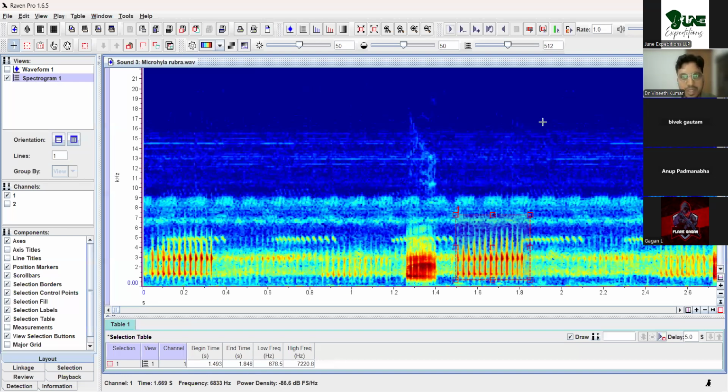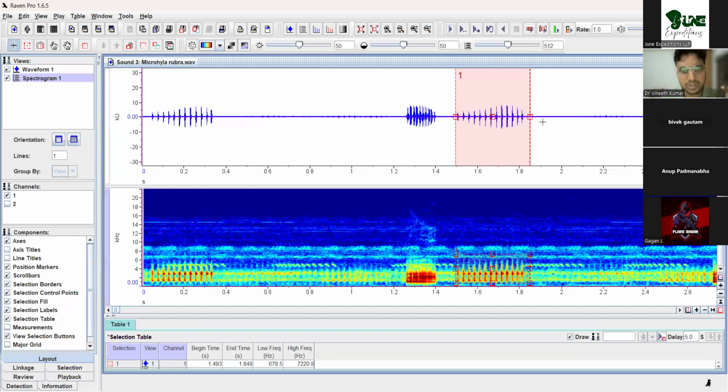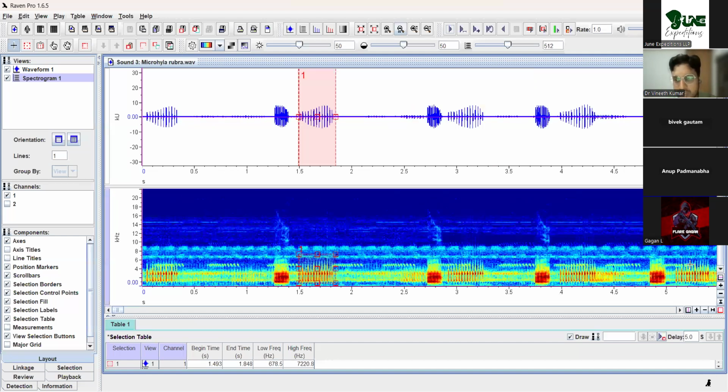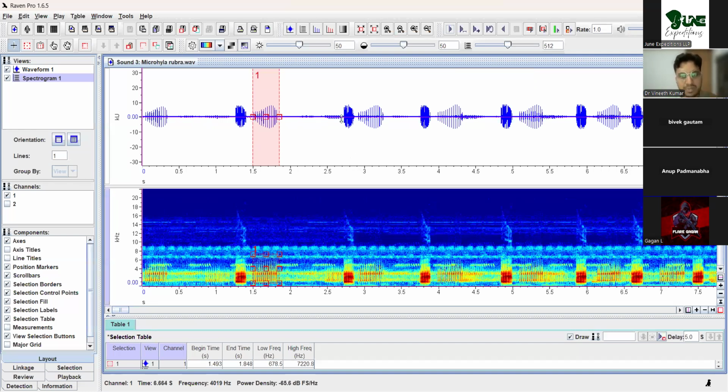So even if they're calling at the same location, you need to look for points in your recording. At some point they're all calling together. Don't choose that part. Go for a part where there is spacing between the calls. For example, maybe this call, see it's spaced well. You would be able to easily identify the species.